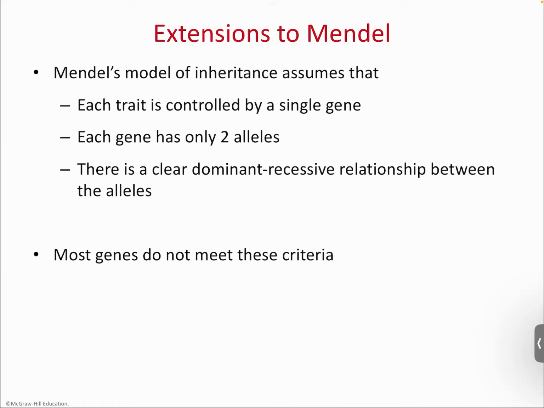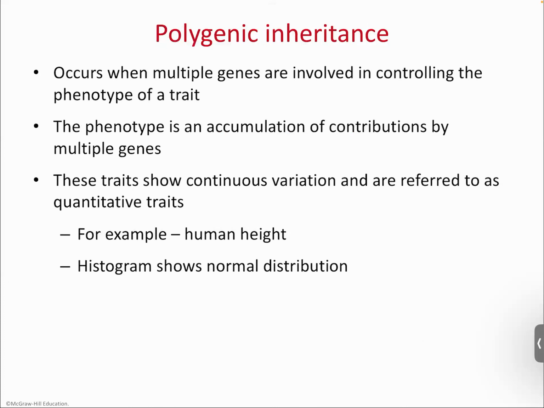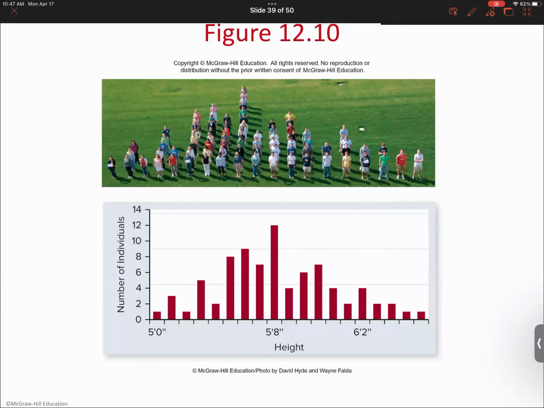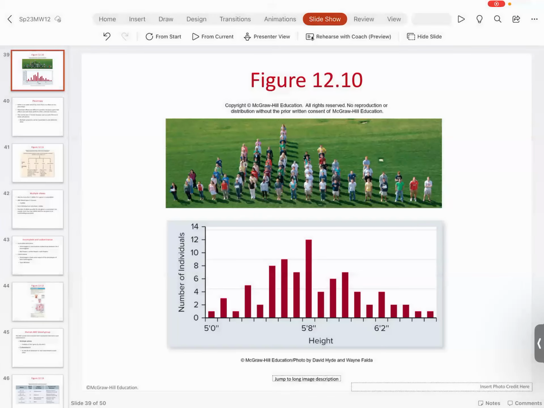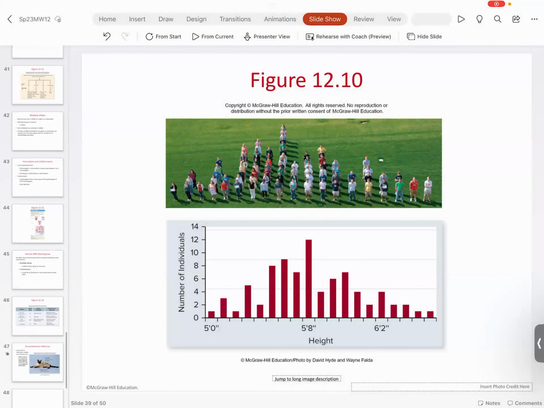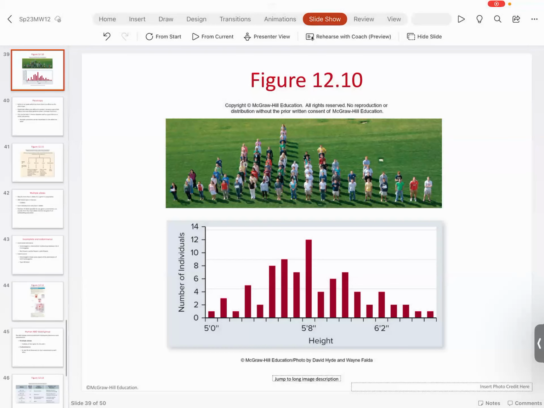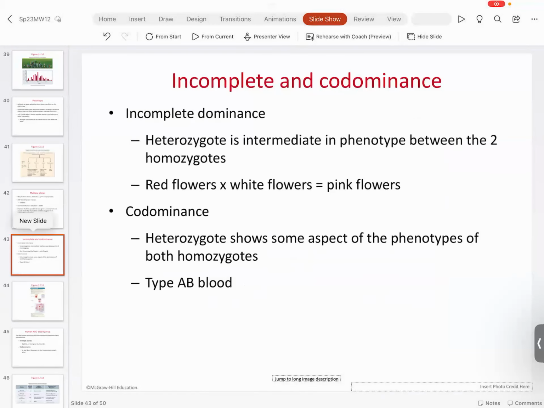So when Mendel basically put away his work and it was rediscovered, that's when the good stuff happened. So Mendel was kind of cool. We can kind of recapitulate his work. But now what we want to do is get into some of the extensions to Mendel.